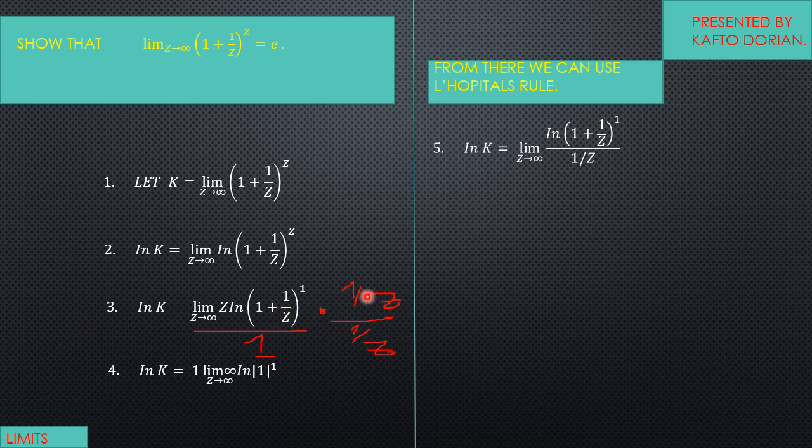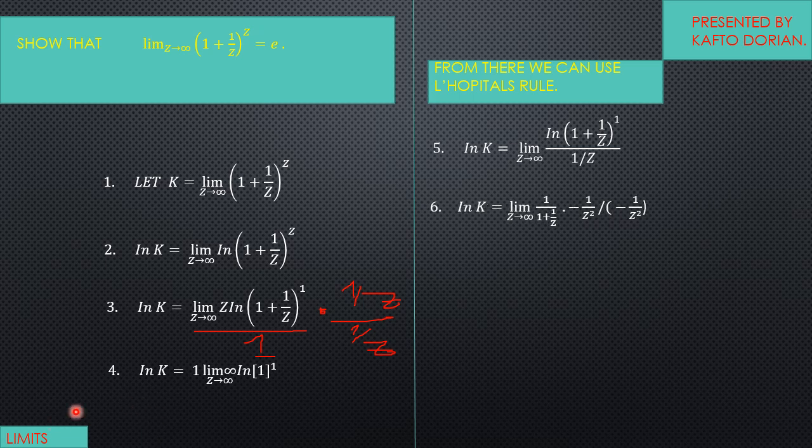This z here will cancel this z from this side. I now have 1 times 1 on z, which is typically the same thing that I have here in point 5.